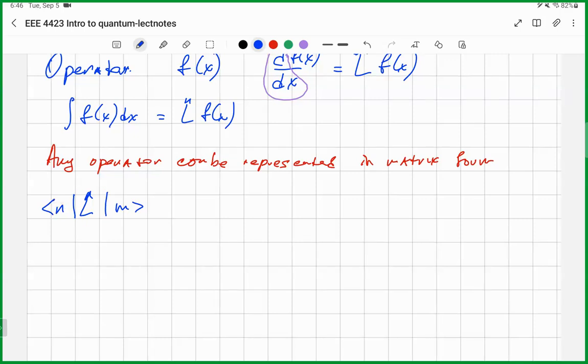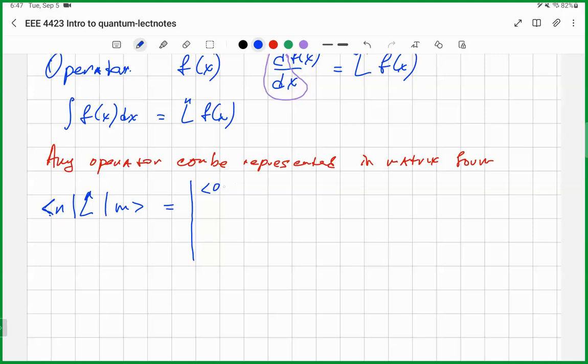So it's a bra vector n, then the operator, and then another ket vector m. And after doing so, I will get a matrix with components, let's say, if I enumerate n and m like 0, 1, 2, and so on.